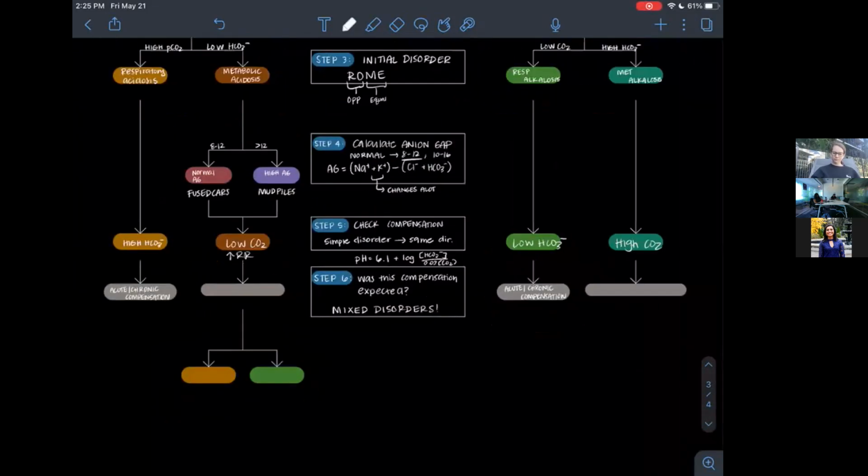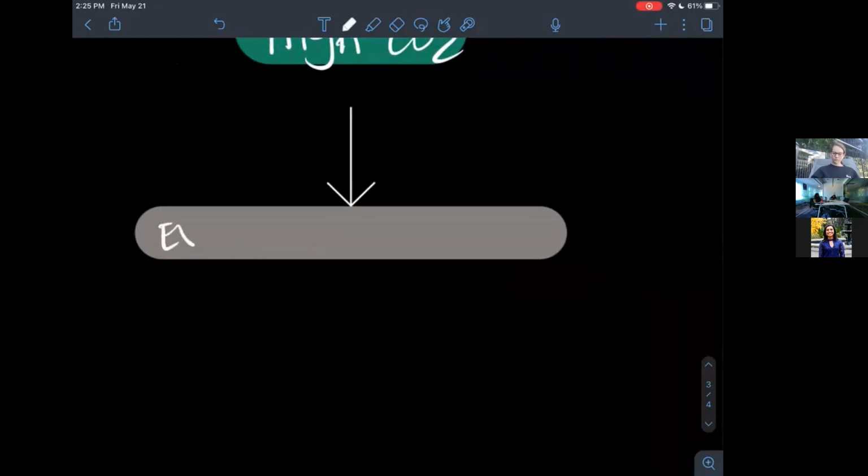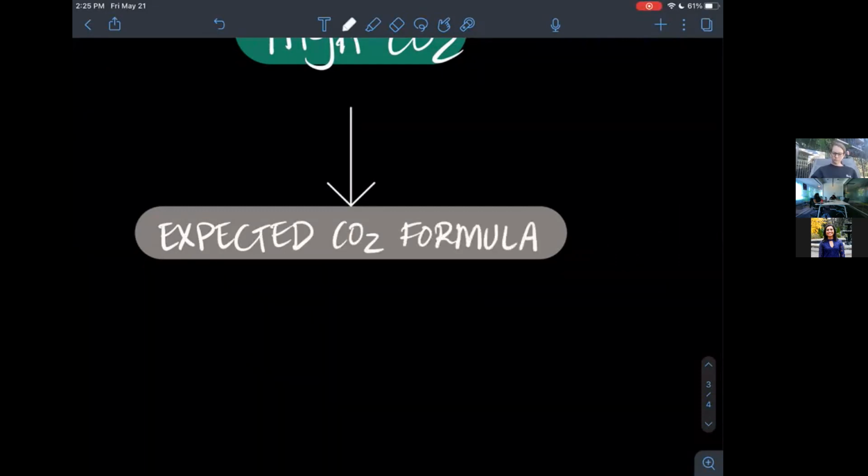Let's say you have a metabolic alkalosis, your CO2 is increasing, there is an expected CO2 formula. That is helpful.